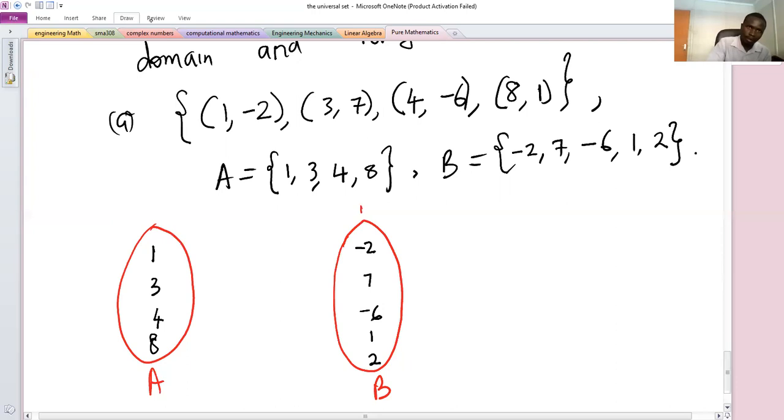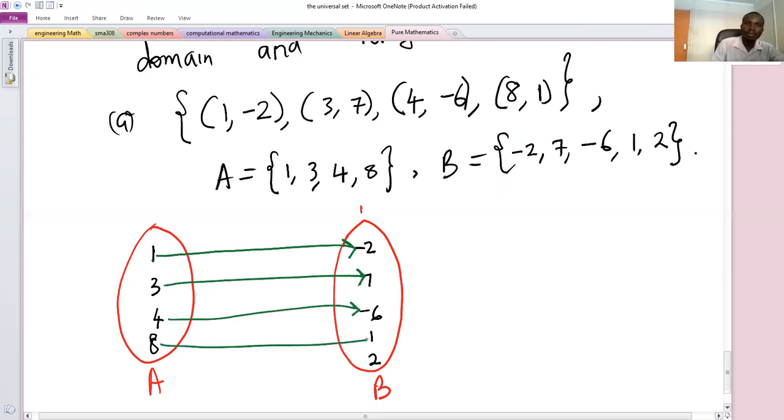Now, the given relation means that (1, -2): the value 1 from A is mapped to -2. (3, 7) means 3 is mapped to 7 in B. (4, -6) means 4 is mapped to -6. (8, 1) means 8 is mapped to 1.